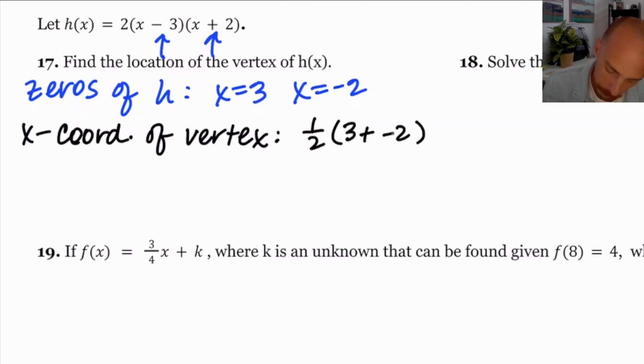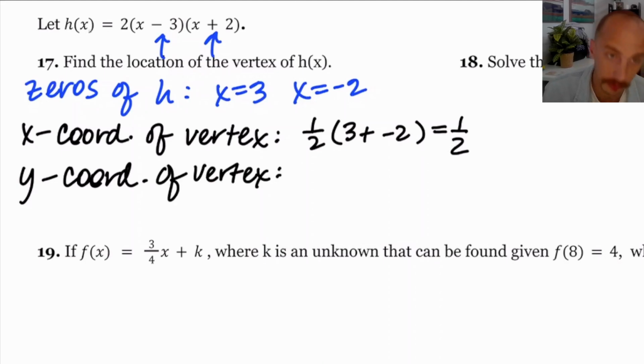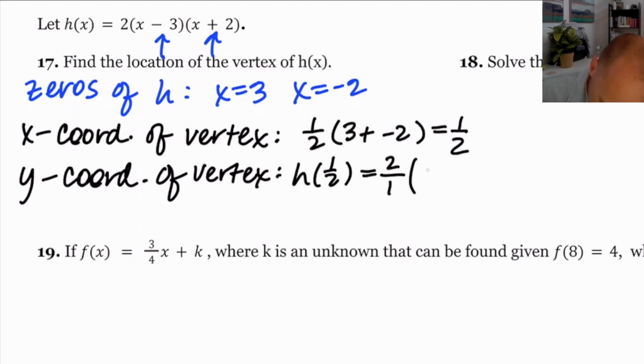Okay, so half of 3 minus 2 is equal to half of 1, that's a half. And then the y coordinate is what I get when I plug in x equals 1/2 into h. And so I'm going to say h of 1/2 equals 2. And I see some fraction arithmetic coming up, so I'm going to write that as 2 over 1 multiplied by x minus 3.